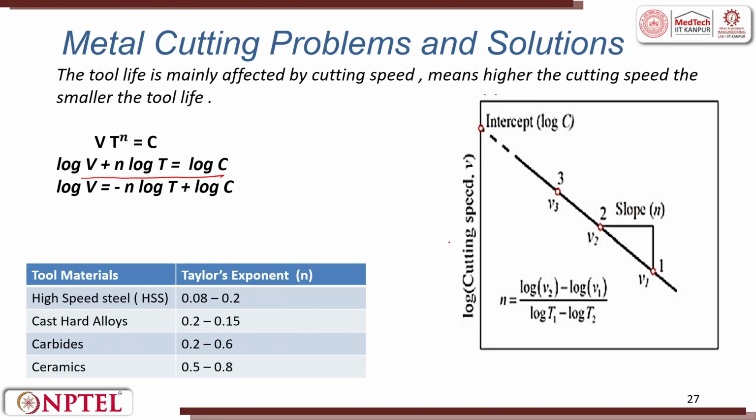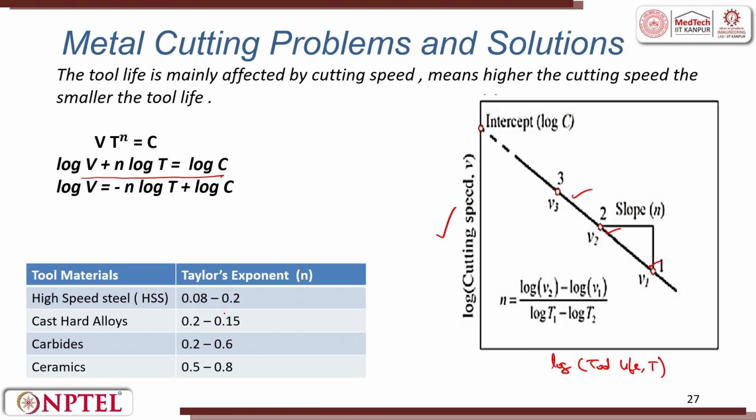You see here, this is log of cutting speed, this is intercept. So this is V1, V2, V3, 3 points are given, and here we can see as an intercept n is equal to log of V2 minus log of V1, that is Y2 minus Y1 by X2 minus X1, that is log of T1 minus log of T2. So this is cutting speed, and here we have the tool life. This is log of tool life, that is T.